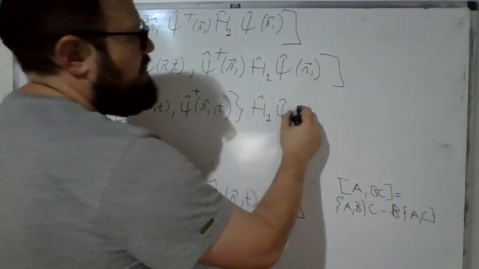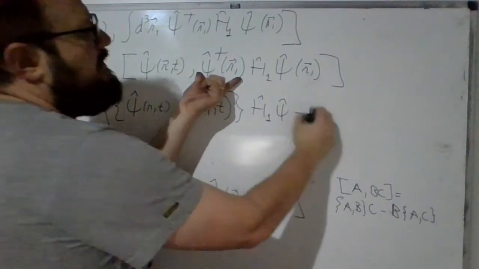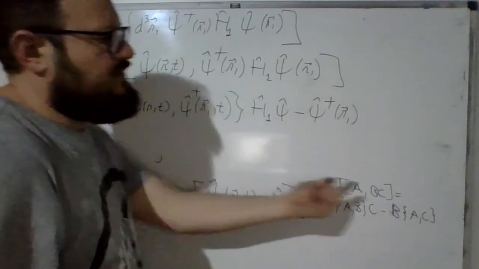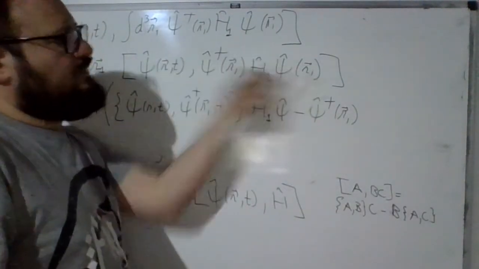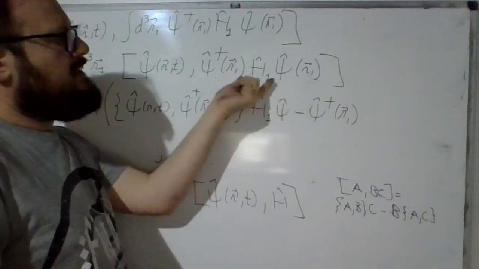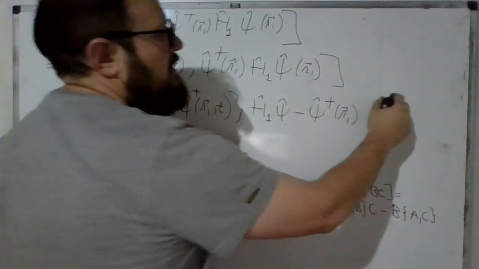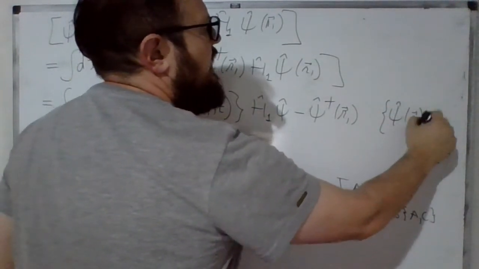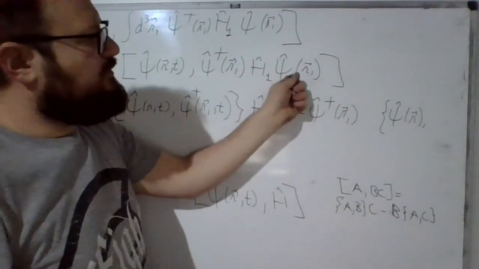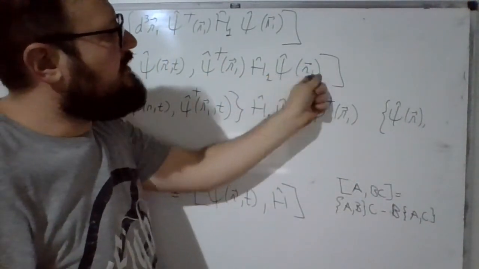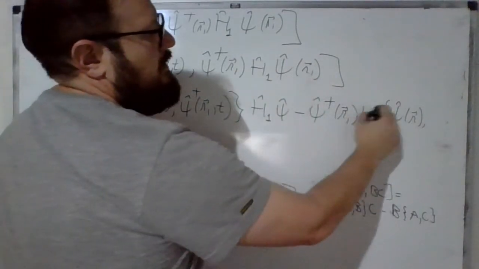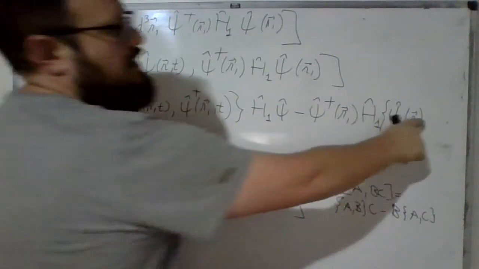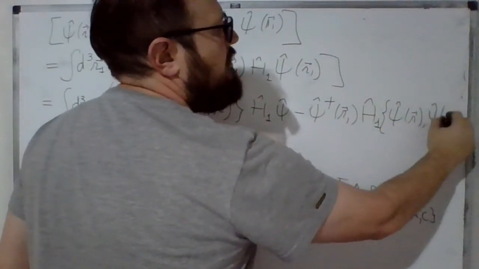The second part is minus the B, which is this thing here, psi dagger of R1. It is no problem. I cannot switch the H1 with any other thing, but since I will have a commutator of psi of R with H1 applied to psi of R1, and this acts only on R1, I can insert the H1 here in front of that commutator because it only acts on the variable R1.